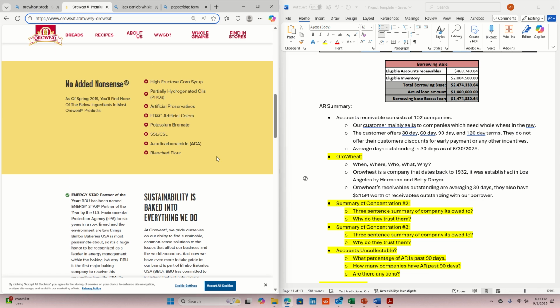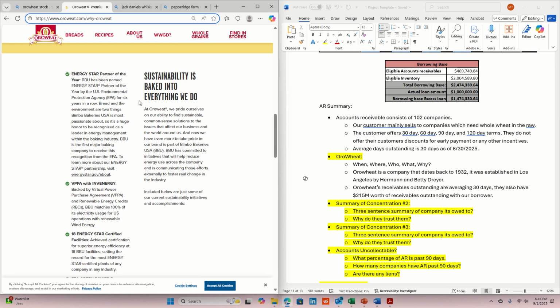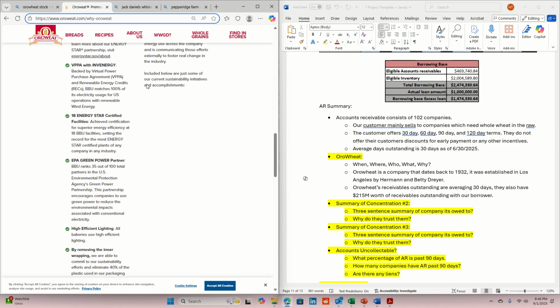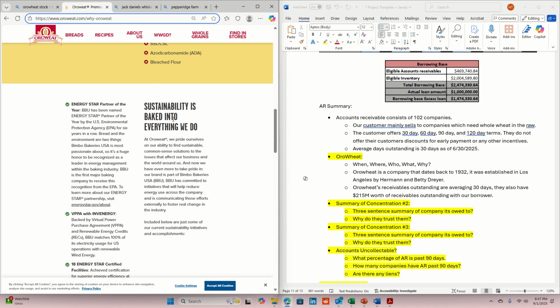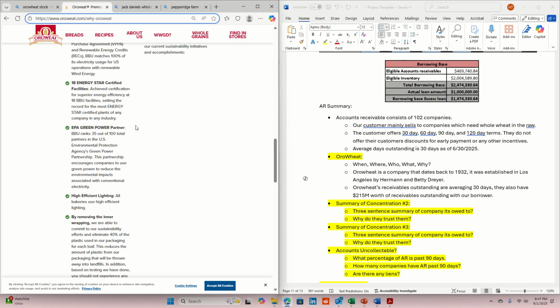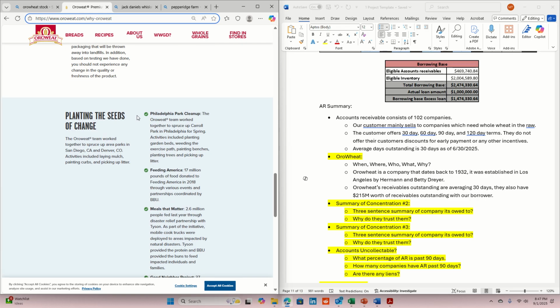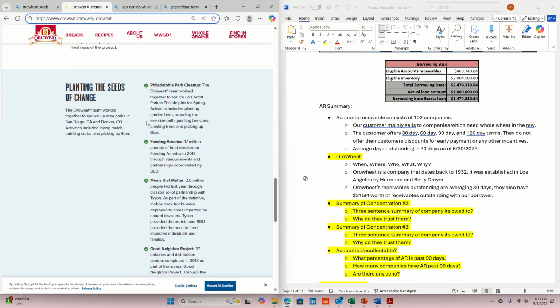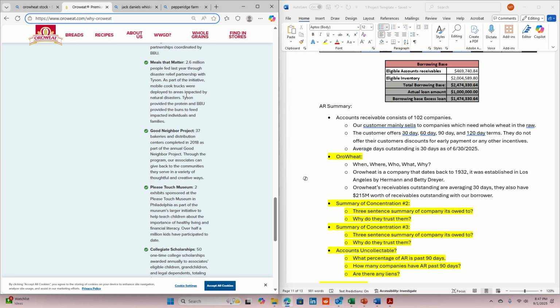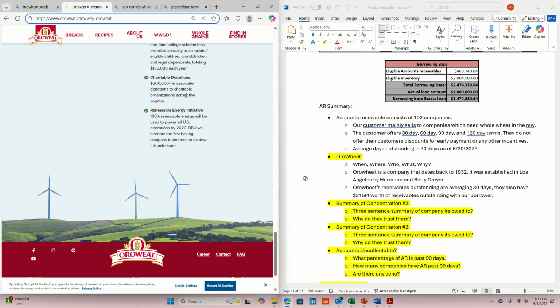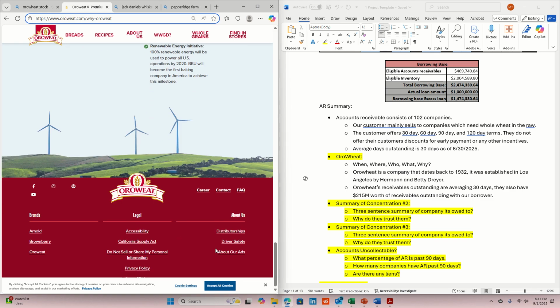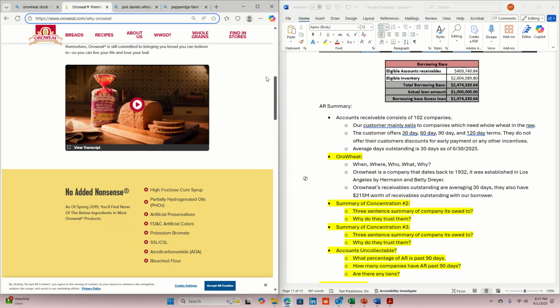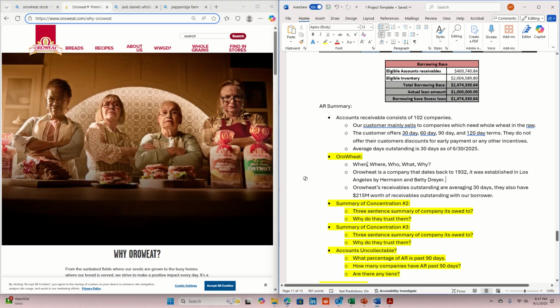Okay. Sustainability is baked in, planting the seeds of change, Philadelphia park cleanup. Oh, it looks like they do a lot of community service. Well, that's a perk. Okay, so we got our when.